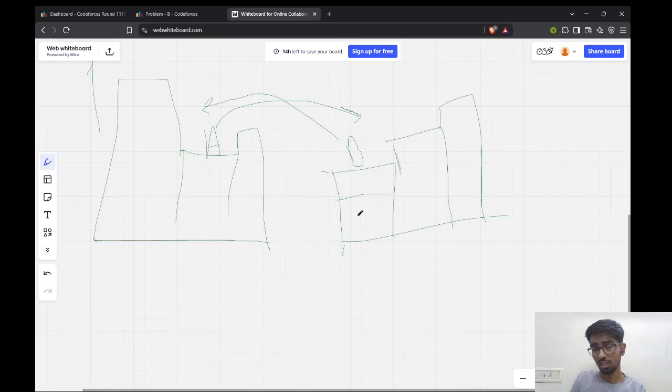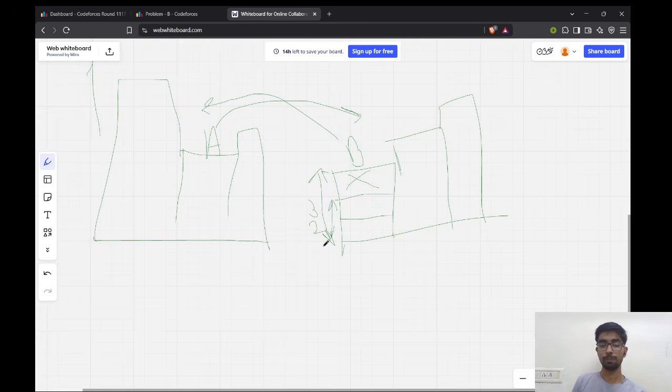Let's suppose the height is 3, and each block of height is 1. So when A throws the stone at B, this height would be decreased, and the mountain that was earlier at height 3 would trim down to 2.